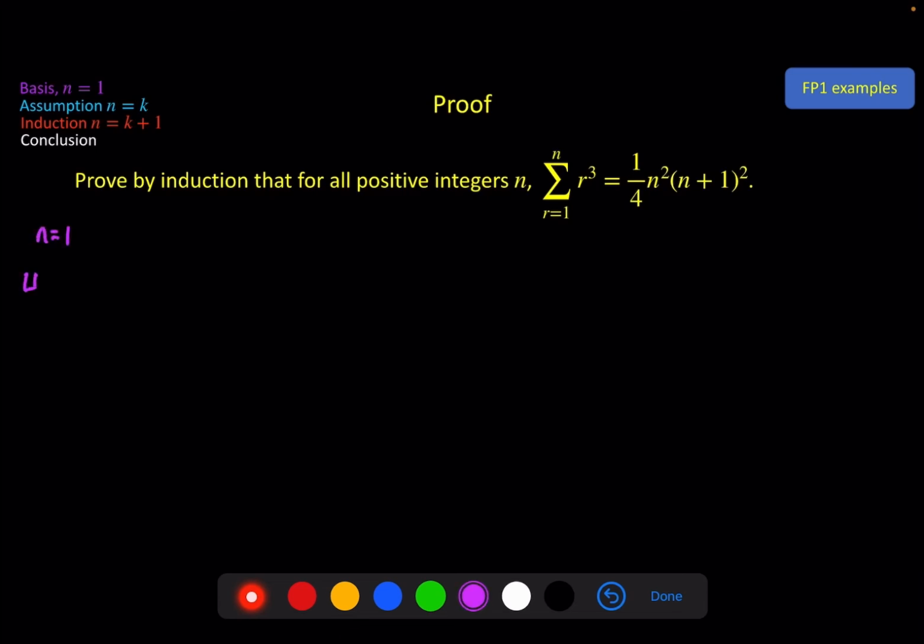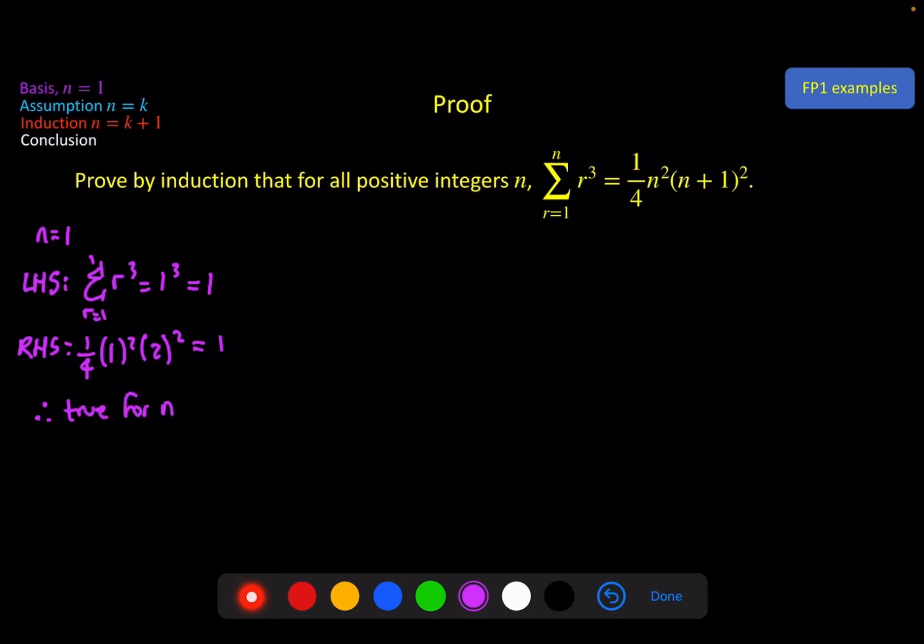We've got left-hand side, sum from 1 to 1 of r cubed is 1 cubed for the first term. Right-hand side, 1 over 4, 1 squared, 1 plus 1 is 2 squared, that's 4 divided by 4 is a 1.